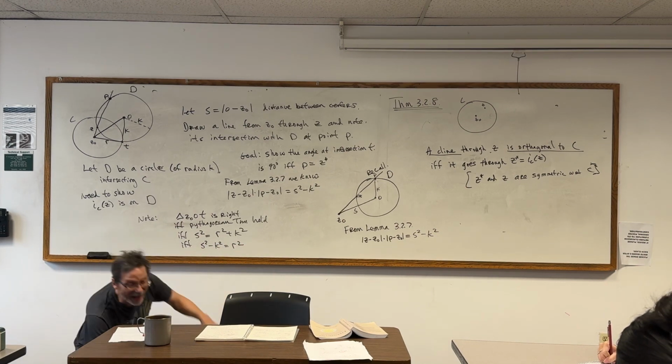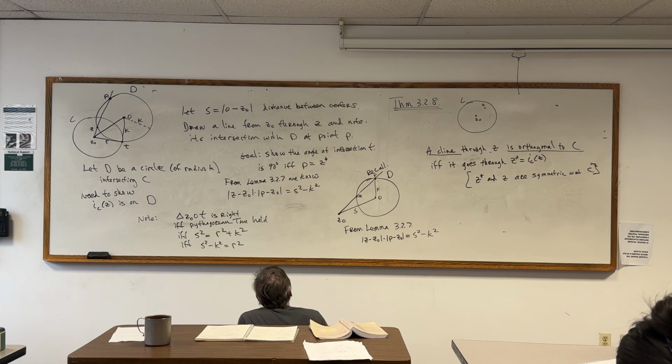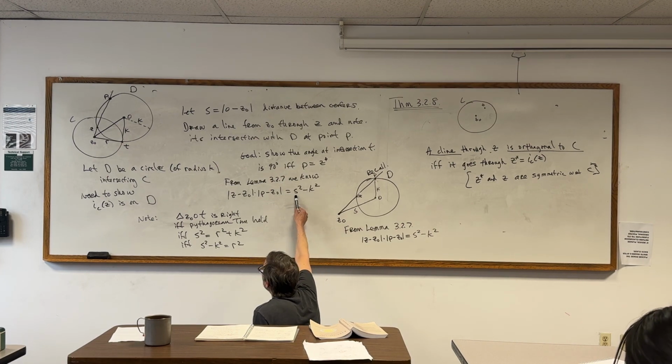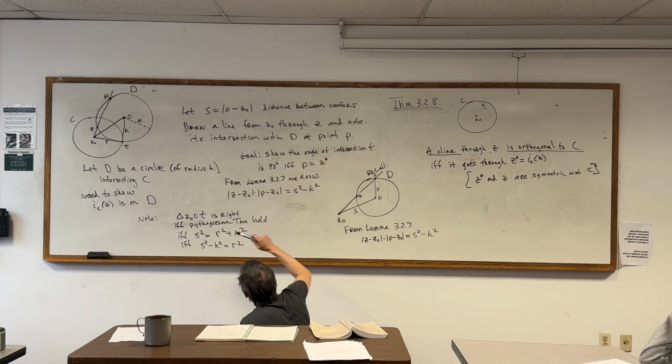So here's what's going to happen. Let me let you absorb that. The plan is to show that this quantity has to be R squared. And once we have that, we'll have what we need.